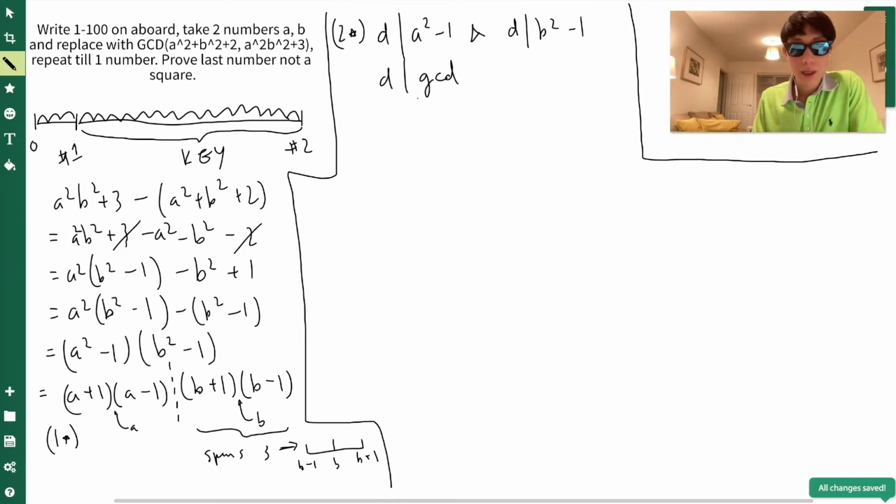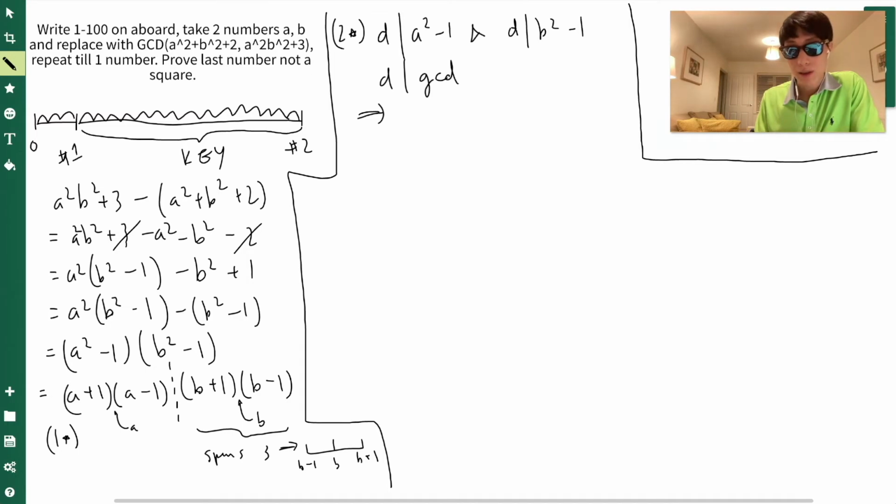well, what's going to happen is, let's just look at this here. Because it divides both sides, and it divides the GCD, it must divide one of these 2 functions, one of the original 2 functions. I think a squared plus b squared plus 2 for me looked a little bit nicer, since the a squared times b squared getting just lumped together like this is pretty hard to work with.